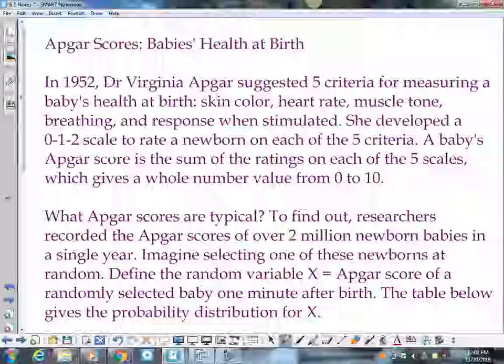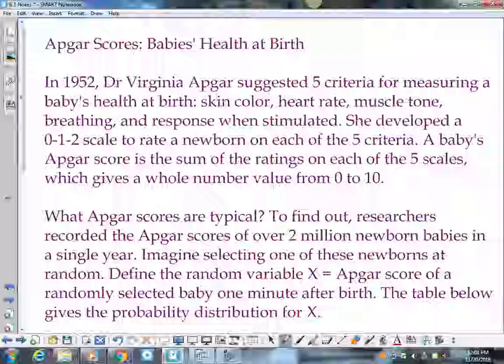A baby's Apgar score is the sum of the ratings on each of the 5 scales, which is going to give you a whole number value from 0 to 10. It is not an average. It is a total. So if I have a 0 to 2 and I've got 5 criteria, if I get a 10, what does that mean? I got a 2 on everything.